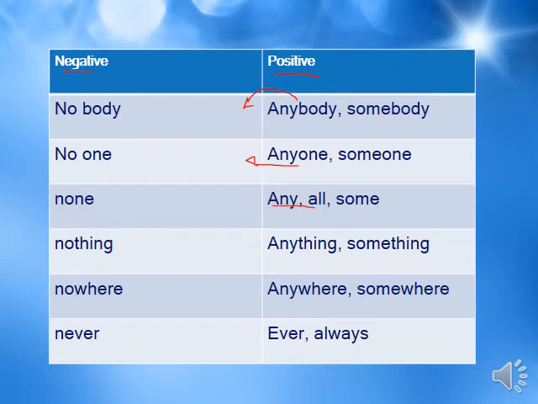Any, all, and some, in the negative, none. Anything and something, in the negative, nothing. And also anywhere and somewhere, the negative is nowhere. And ever, always, the negative is never.